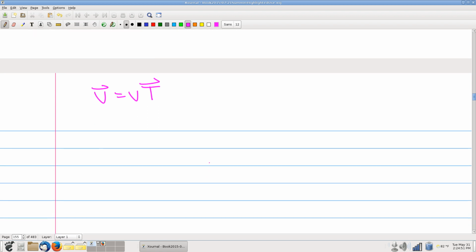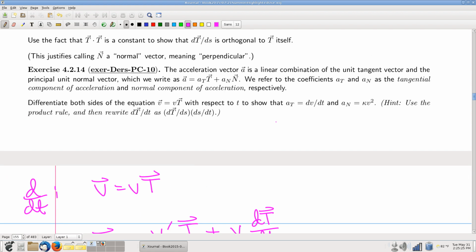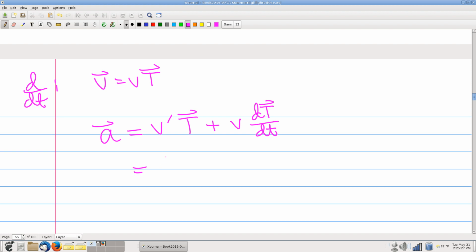And as is shown above, that means if I take the t derivative of both sides, of course, I get acceleration on the left, and then I get, let's see here, v prime t plus v dt dt. Cool. All right. Okay, and let me write little v scalar prime as dv dt.